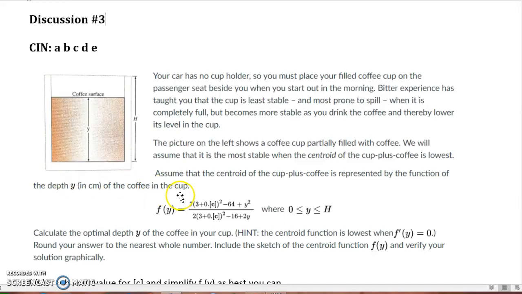in centimeters, and it's given by this really crazy looking rational function here, where again y is the depth of the coffee in the cup, and obviously y can range from being empty to being full, or from 0 to h. Then it says calculate the optimal depth y of the coffee in your cup, and here's a very, very helpful hint.